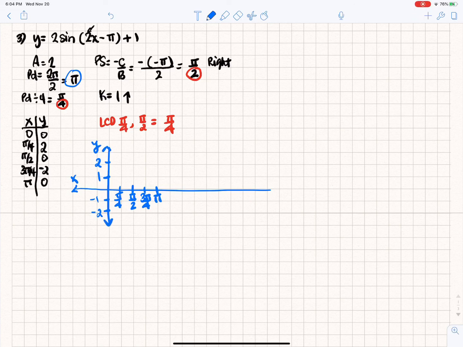Okay, so let's look at where your major points are going to be at. 0, 0. Pi over 4 up to 2, 0 down to 0.